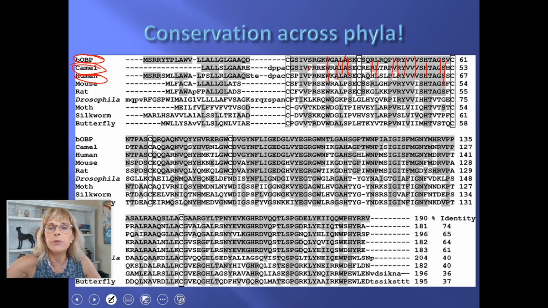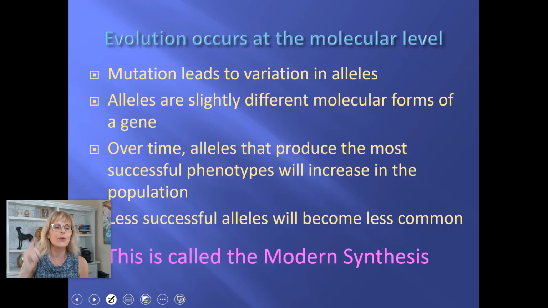So if we look at how similar it is in the silkworm, you can see that this particular amino acid is conserved all the way down to the silkworm. This one goes all the way to the silkworm. This one all the way to the silkworm. This area here, look at that. Look at how identical this particular protein is going all the way down to a silkworm, right? We are going to start there at the beginning of our next video.